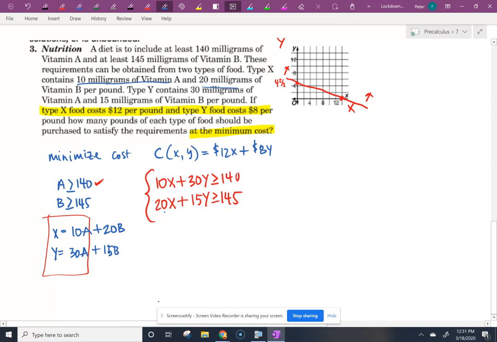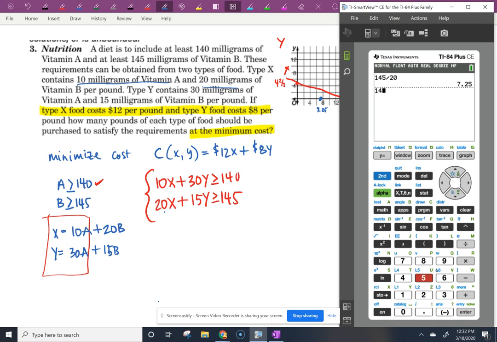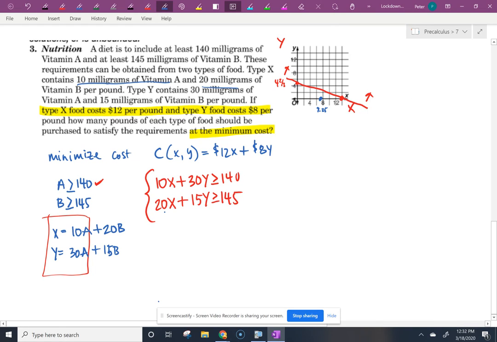So there's 6 sevens right here, so it's right there, that's 7.25. And then the other one, 145 divided by 15, is 9 and 2/3, so there's 10, and there's 9 and 2/3. I just like to know what they are because I usually need them again.